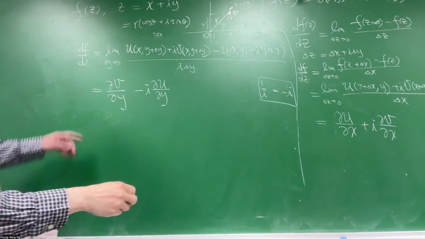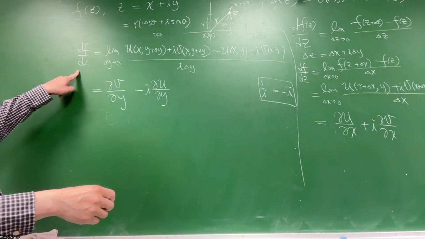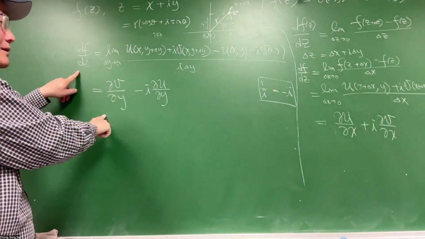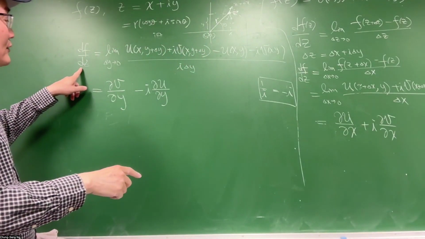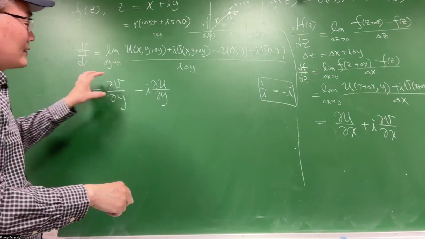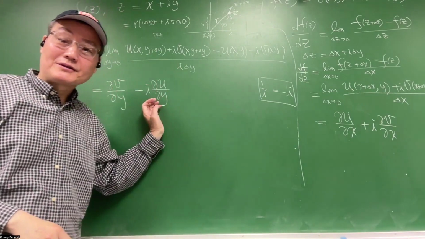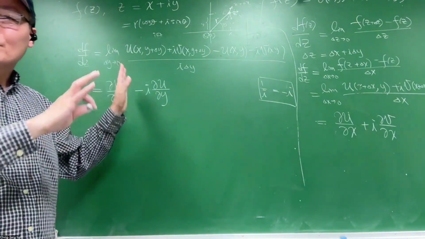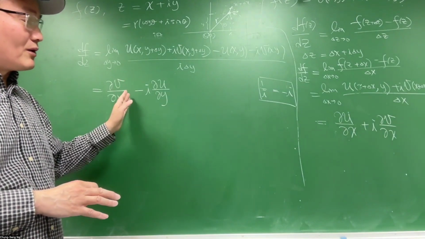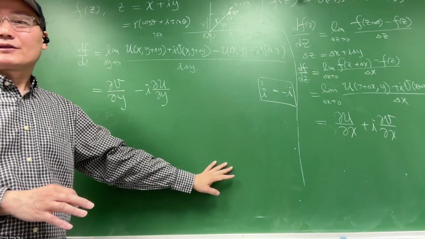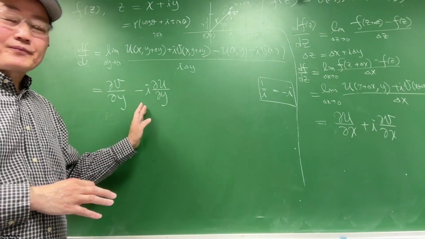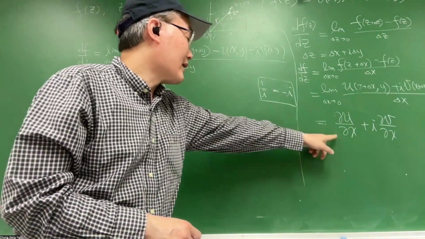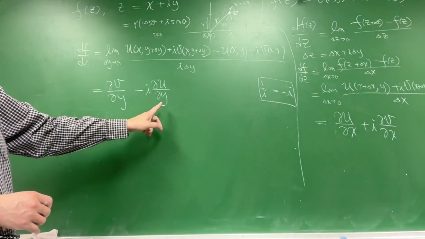Okay. Now we have two expressions for df/dz. This one equals this one. Whenever you have a complex equation, because a complex number has two parts, you want to require both the real part and the imaginary part to match individually. So the real part must be the same, and the imaginary part has to be the same.